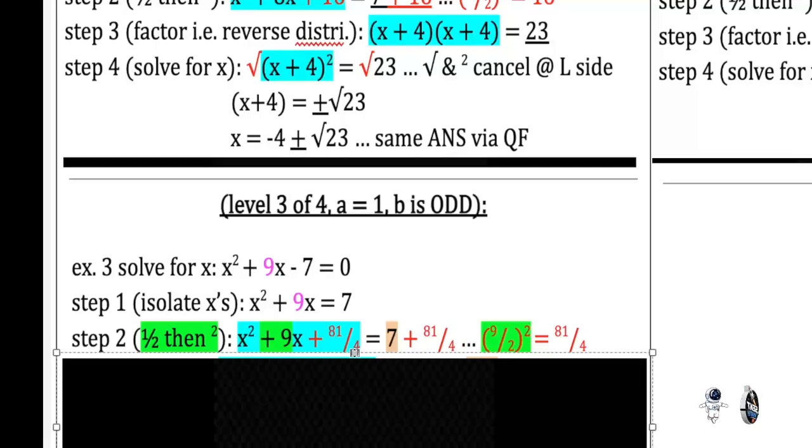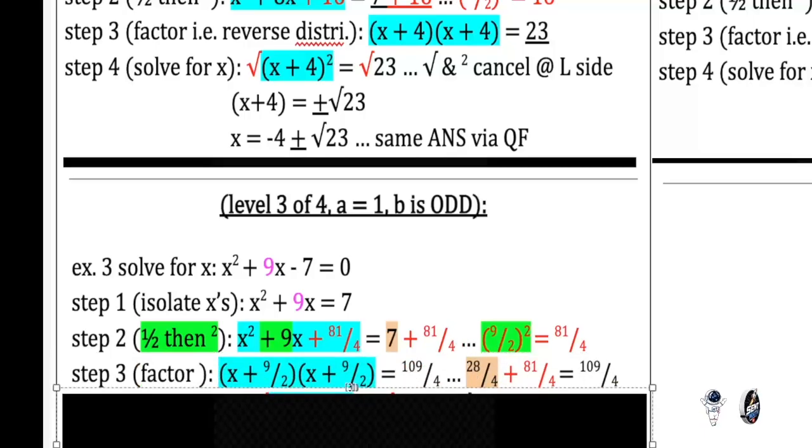Okay, so 7 can be rewritten as 28 over 4 because 28 divided by 4 is 7. Okay, and we want it with a denominator of 4 because we want to combine it with this fraction that also has a denominator of 4. Okay, so now 7 becomes 28 over 4, 81 over 4 carries downwards.